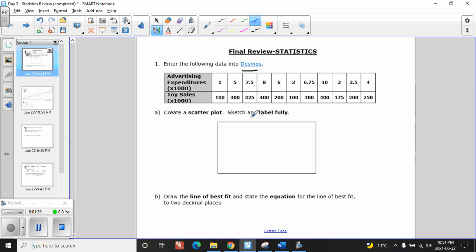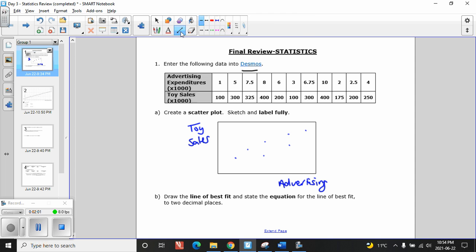So I'm going to go back to our note and show that there's a little bit of scatter. This is not at all a perfect sketch, but this is toy sales versus advertising. And it seems to go up to the right.